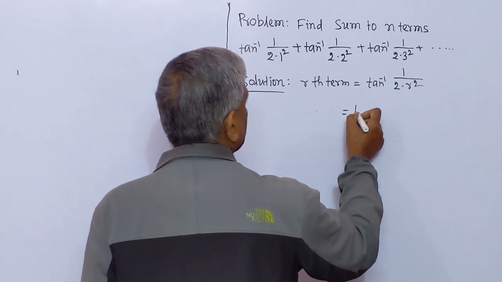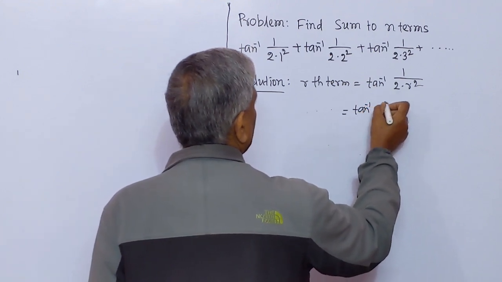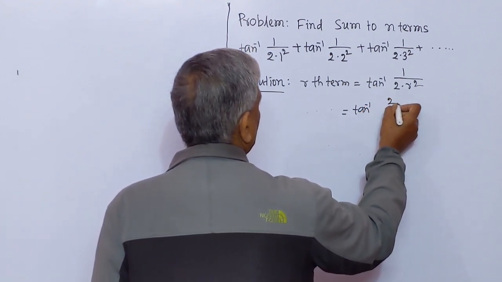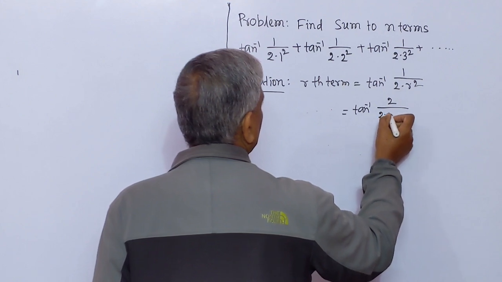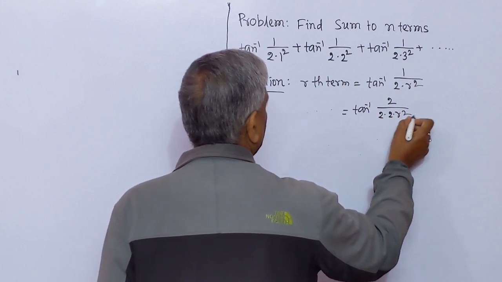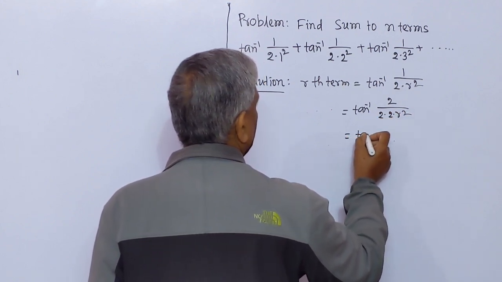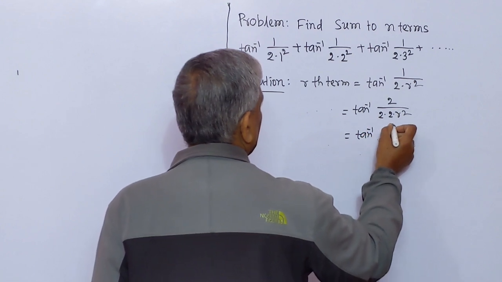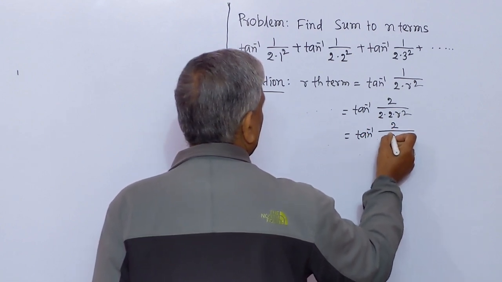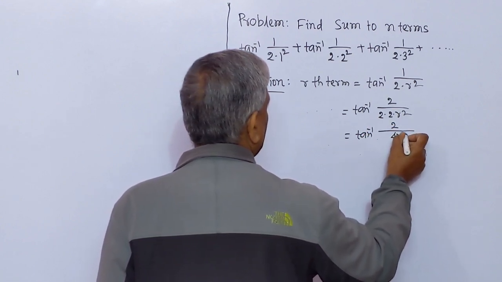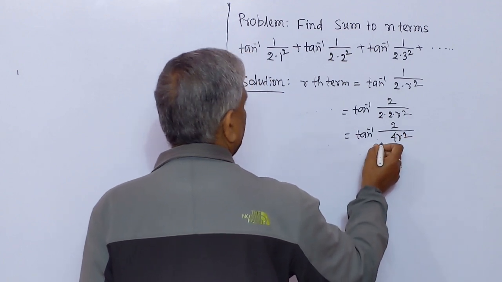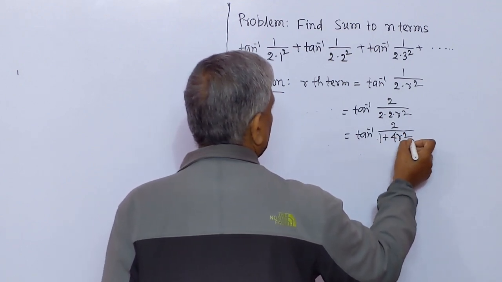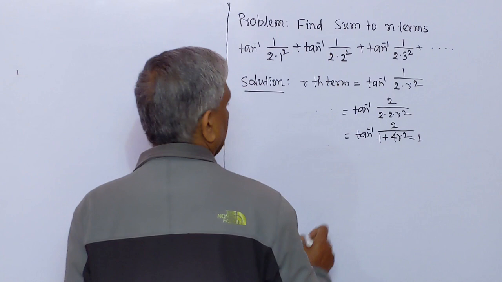We may write this as tan inverse 2 by 2 multiplied by 2 r square, equal to tan inverse 2 by 4 r square. Here we add 1 and subtract 1.